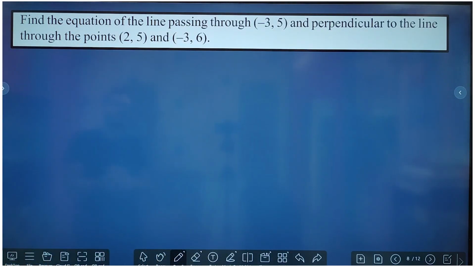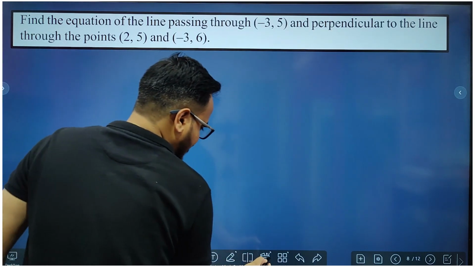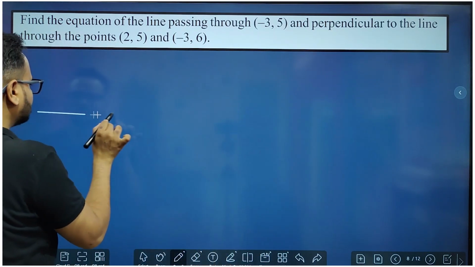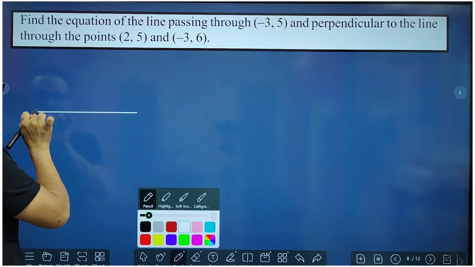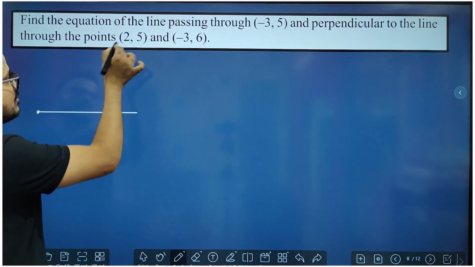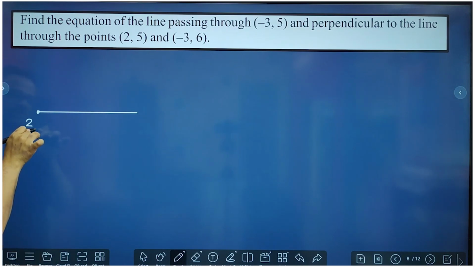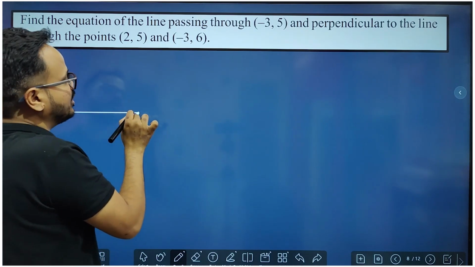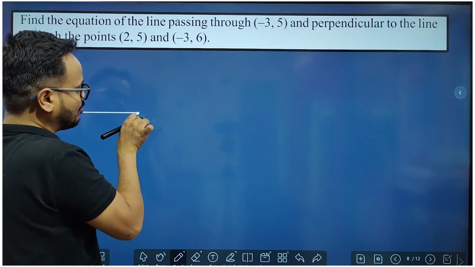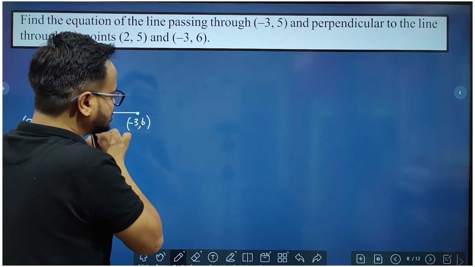Find the equation of the line passing through -3,5 and perpendicular to the line through the points. Now let us plot these 2 points first. Suppose this point is 2,5 and this point is -3,6.